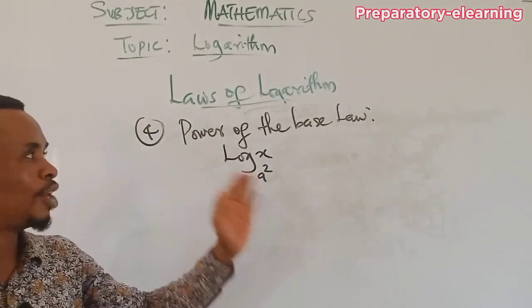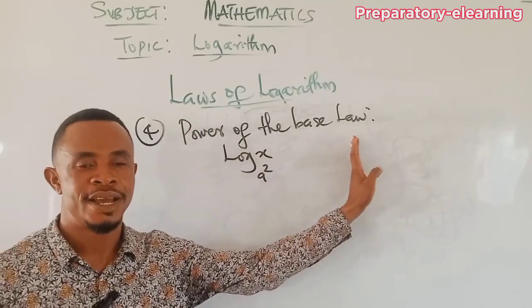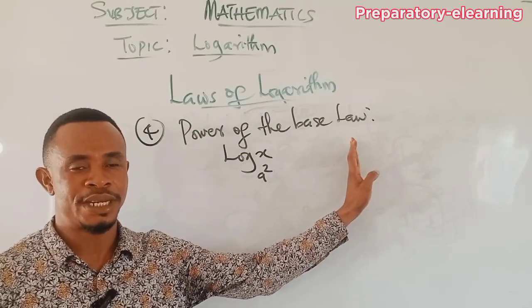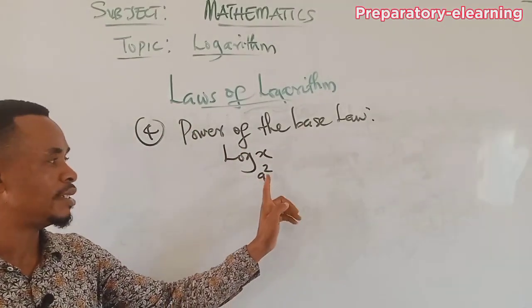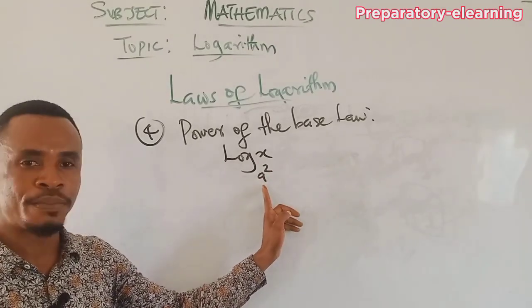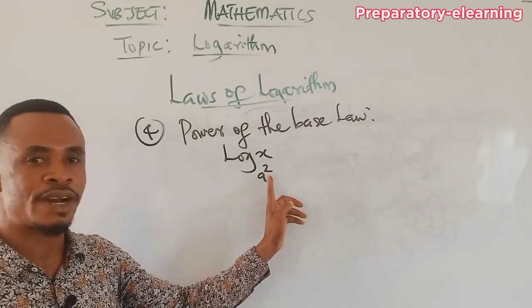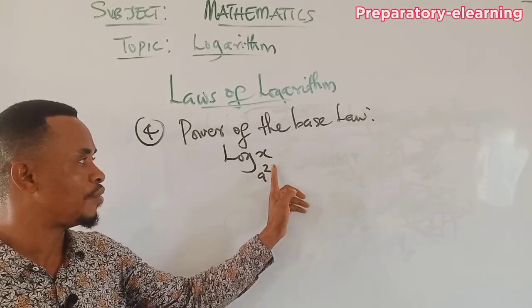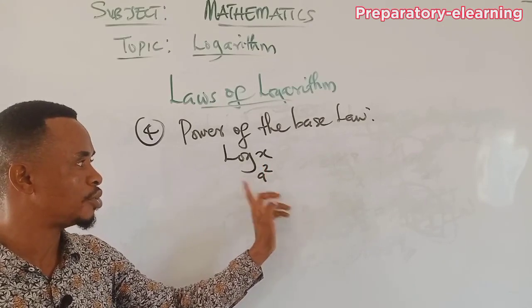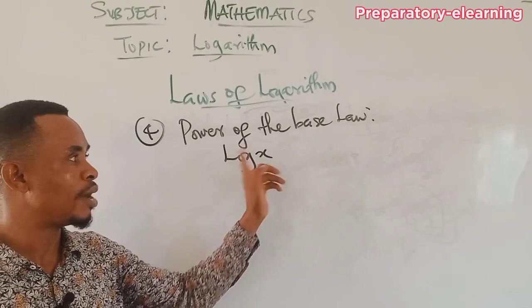Okay, let's look at law number 4, which is called power of the base law. Now, how do we represent this law? Look at it here. You can see there is a number here as a power on the base. Now, in this case, how do we simplify this? How can we move this power 2 here out of the base? Don't forget the other law was what? Power of the number law.